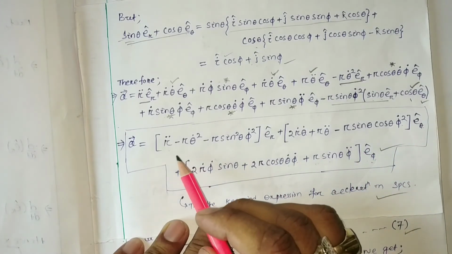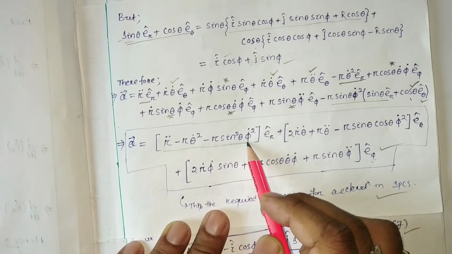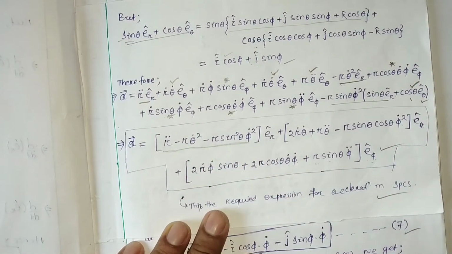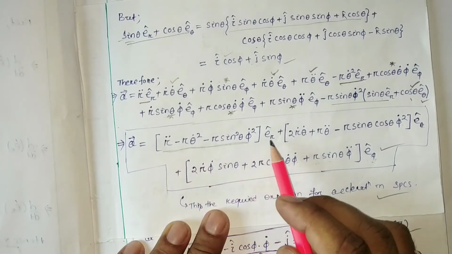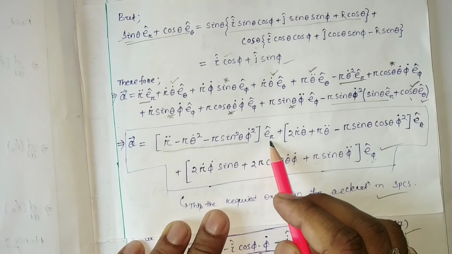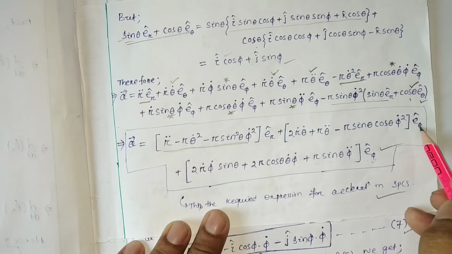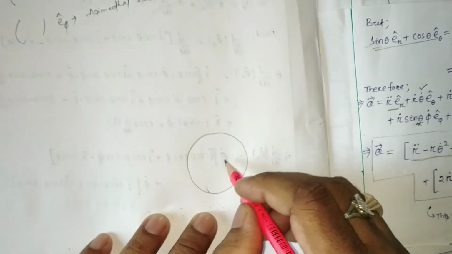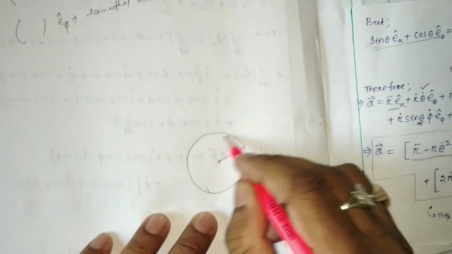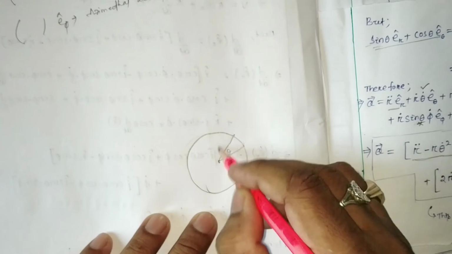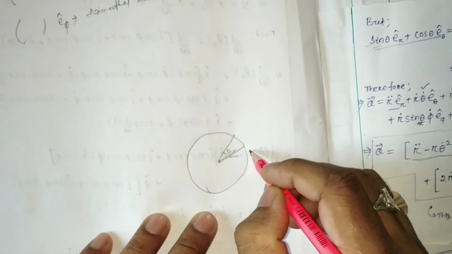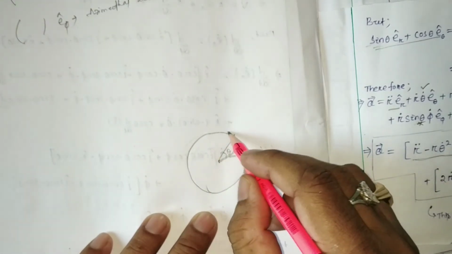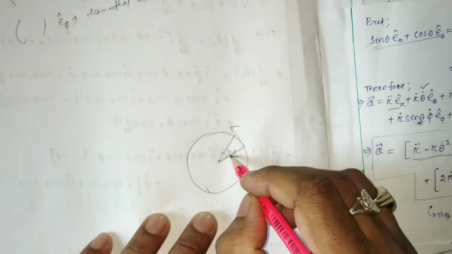That means this represents the radial acceleration, because this is the coefficient of e_r cap, the unit vector along r, right? This is the unit vector along theta. Suppose we consider only a two dimensional case, a particle revolving like this, and here theta changes. Then there is radial acceleration and another is tangential acceleration, e_theta cap.